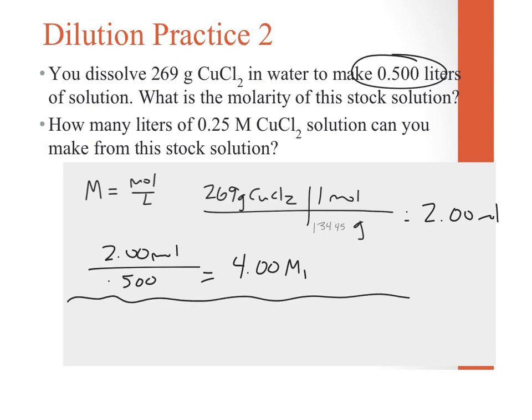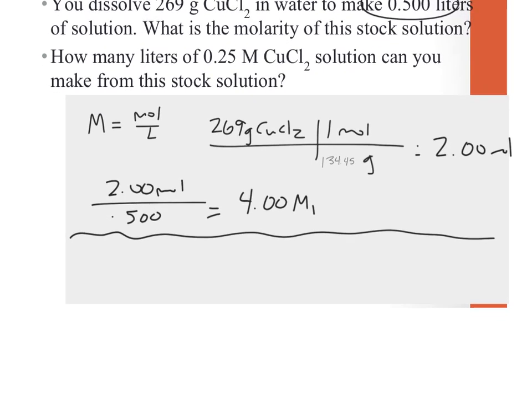So I'm going to put a line here and do my second problem now. It says how many liters? So my M1 is 4 molar. And my V1, as I already established in the first part of the problem, is 0.500 liters. Now how many liters of 0.25 molar can I make?